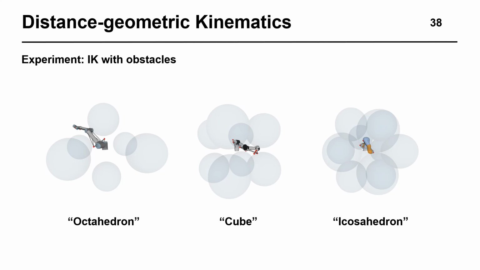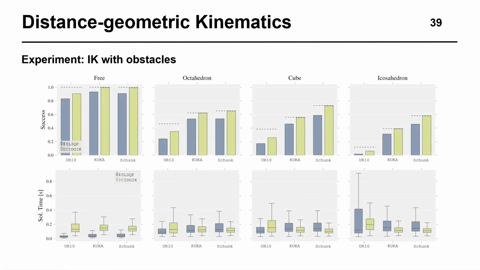To test this hypothesis, we set up a simple experiment where some common manipulators are located in highly restrictive environments, and our goal is to find solutions to inverse kinematics problems when they are feasible. Here you can see the results obtained by solving 1000 inverse kinematics problems over these environments for 3 different manipulators.